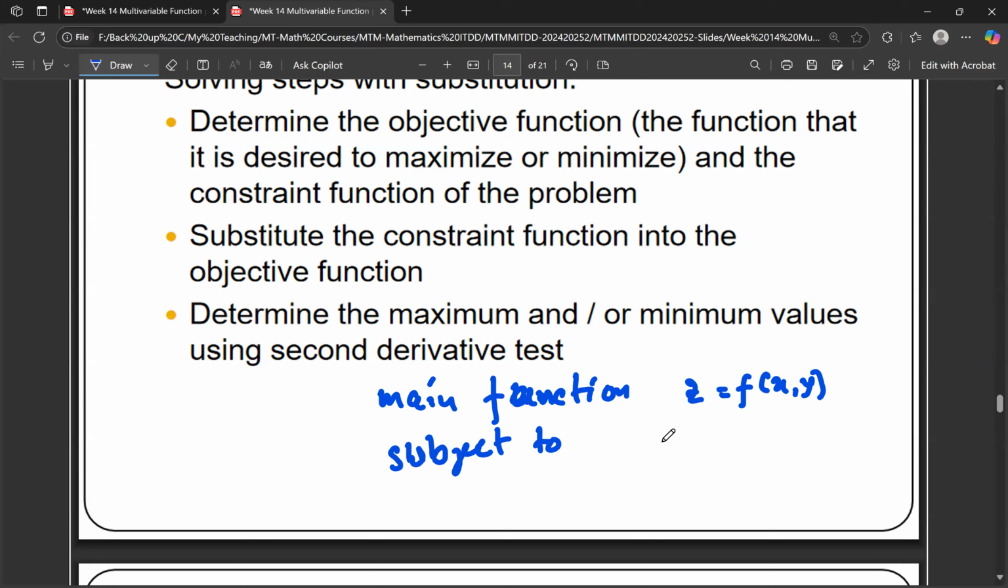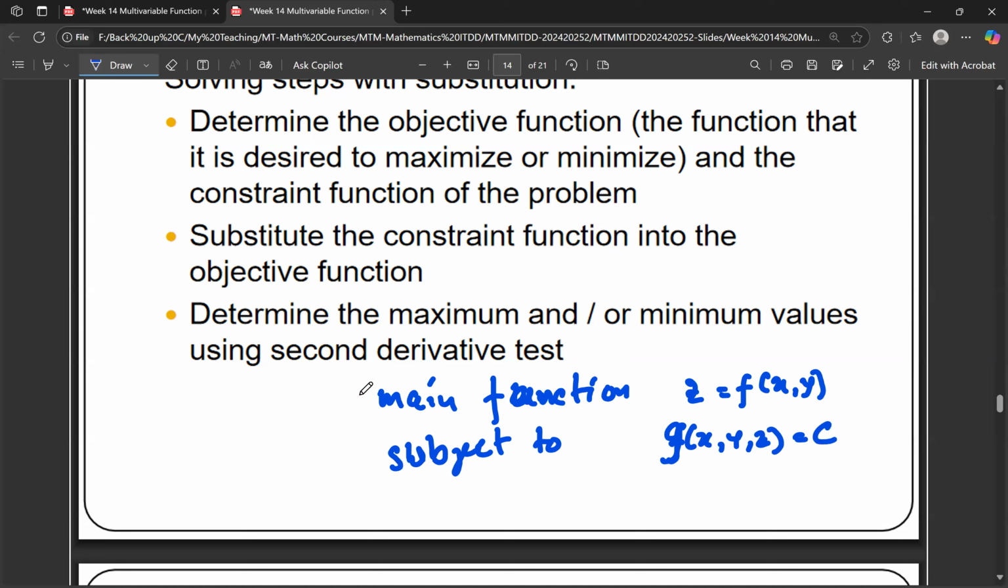Sometimes the constraints contain g of x, y, and z, in three variables or two variables.